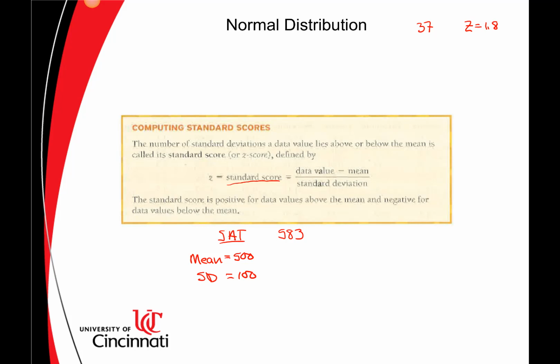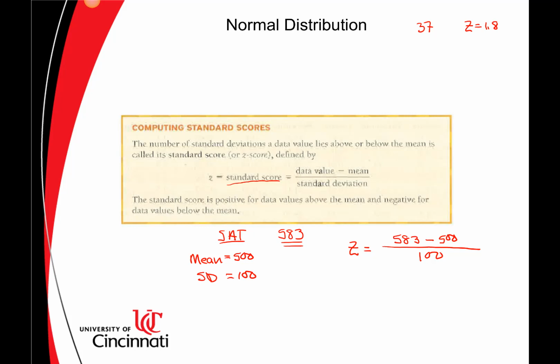With that information, we can compute a z-score. The z-score is what you got, 583, minus the mean of 500, divided by the standard deviation of 100.